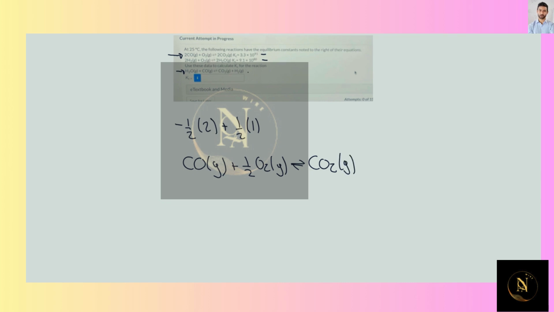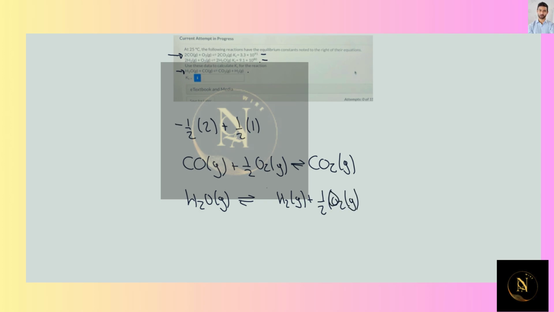And the second reaction, if we invert it, we're going to get H2O as a gas is going to produce and be in equilibrium with, sorry, equal to H2 as a gas directly, plus 1/2 of oxygen gas.